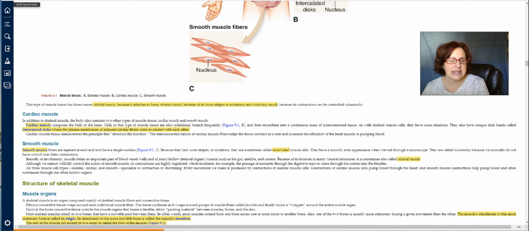The next kind is your cardiac muscle. Cardiac muscle is found in the heart, just like the name implies. The heart is not voluntary. You and I do not think about our heart and say, heart, pump faster, pump slower. We don't control that. We have no conscious control over that. So it is an involuntary muscle. And with the cardiac muscle, we have this structure called an intercalated disc.